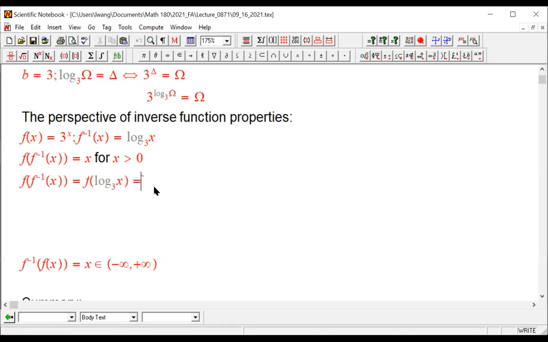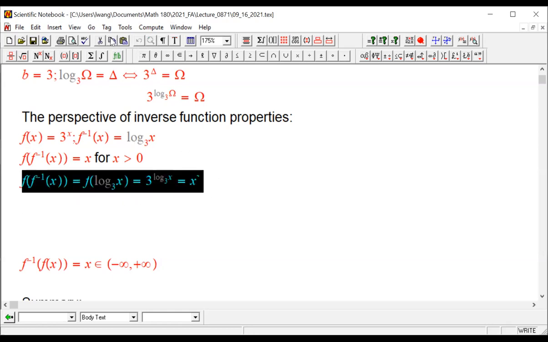And then what is f? f is 3 raised to the power of what? That, right? And this identity tells us it always equals the input. You see that? Now the input is 5.